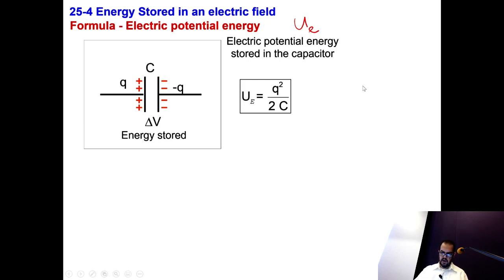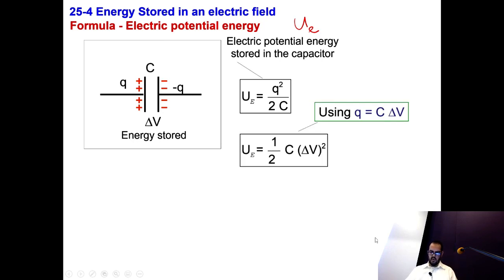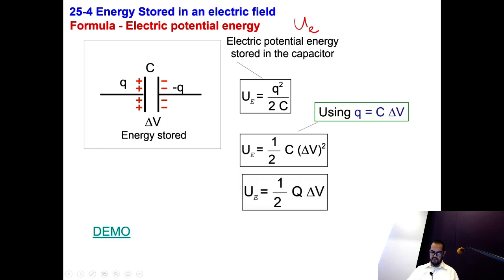It's equal to Q squared divided by 2C, and since Q is equal to C delta V, we can also write this as 1/2 of C delta V squared, and we can also write it as 1/2 of Q delta V. So we have three equations we can use for the electric potential energy of a capacitor.